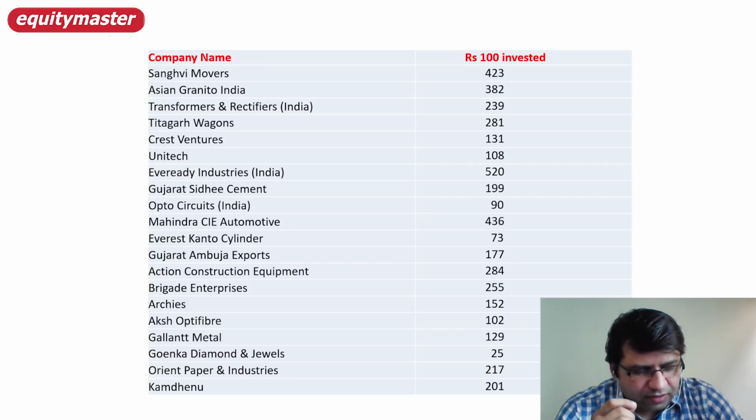What I have done is I have ranked them in terms of the valuation between 0.3 and 0.8 times. So the company which was the most attractively valued, the cheapest to the most expensive, within this range, the company that is the cheapest is ranked number 1, and the company that's most expensive is ranked number 20. So these are the returns over a 1 year period that you can see.